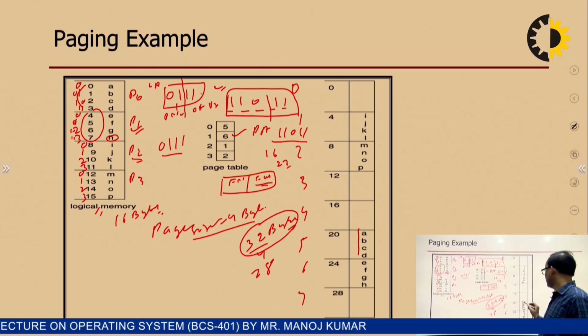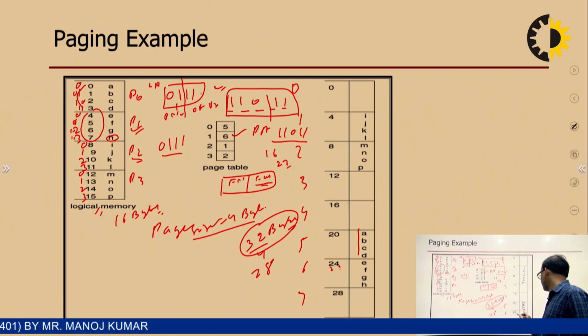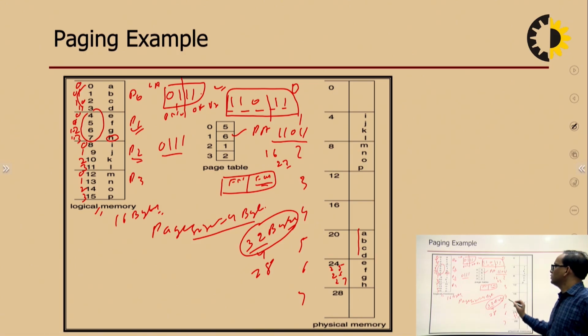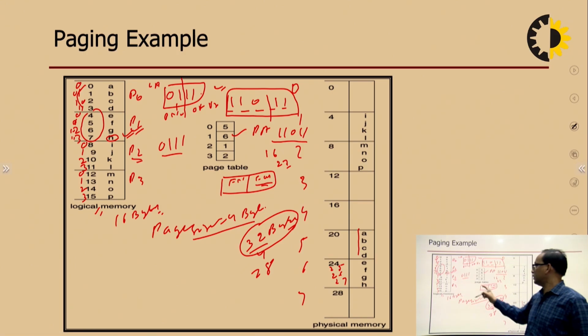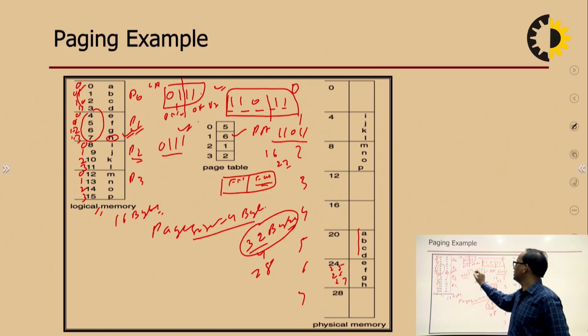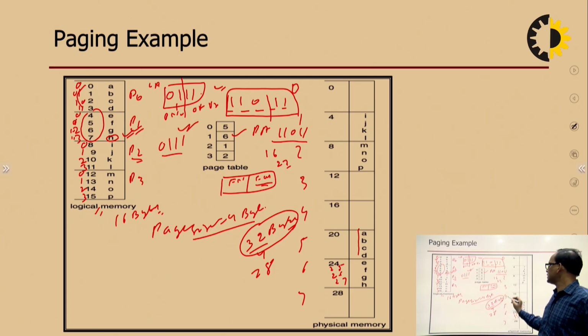Now see here, this is 20, this is 24, this is 25, this is 26, this is 27. So we have to find the physical address of H. The logical address of H is 7, and what is the physical address? 27. Again, let us see here, H is stored at physical address 27.